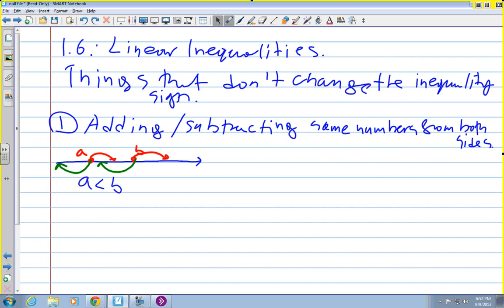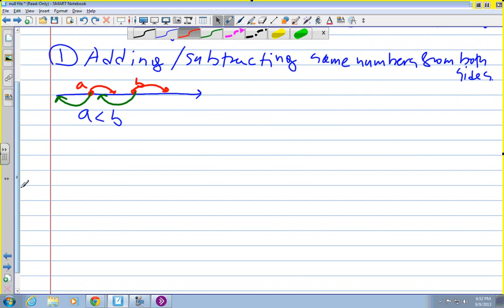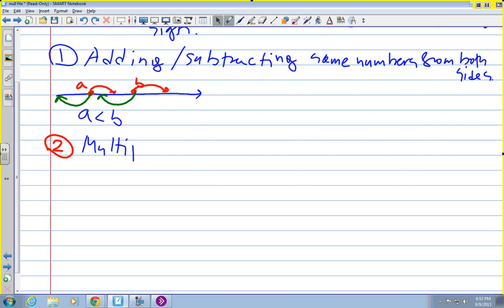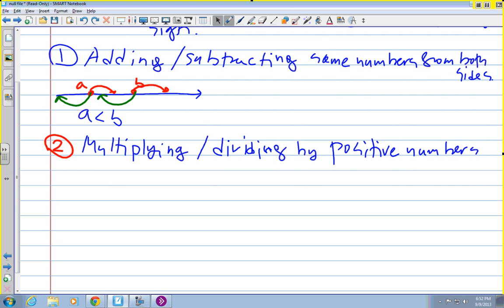I'll do the next one numerically, but I'm not sure how to make those jumps. Multiplying, dividing by positive numbers. So the big thing here is the word positive.